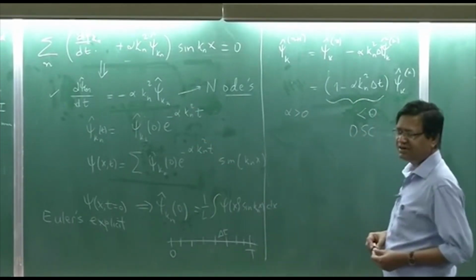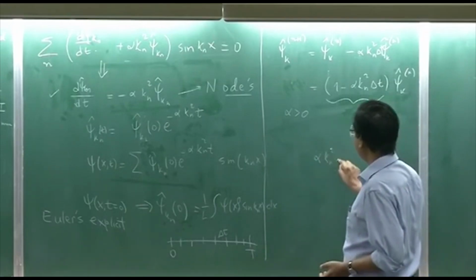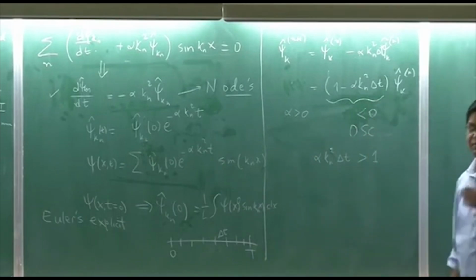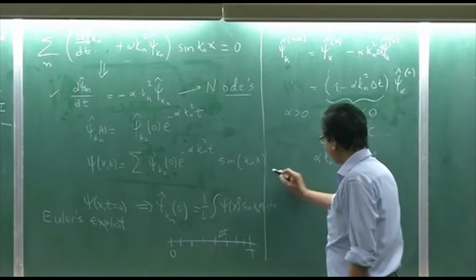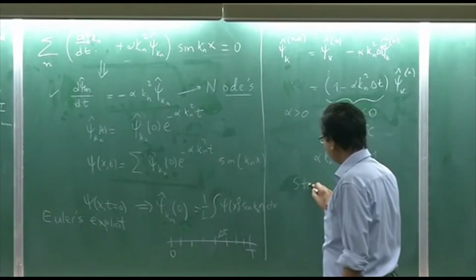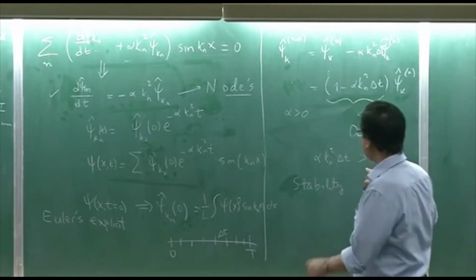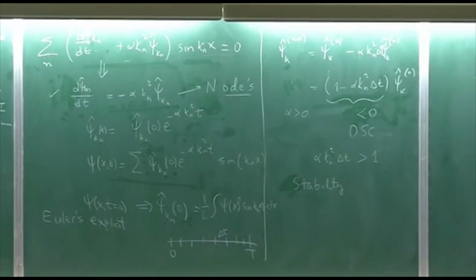And when does the oscillation start? When alpha k n squared delta t is greater than 1. So for well-behaved nature, this is stability. For stability, I do not want this oscillation. This is very similar to the oscillations we were getting for the unstable solution.